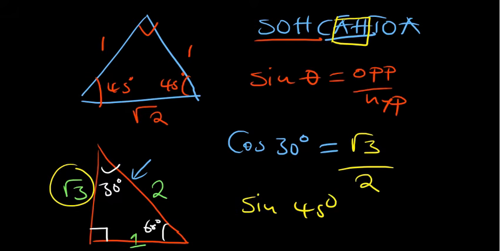Sine 45, from the other triangle, the opposite is a 1, the hypotenuse is root of 2. Cos 45 as well: the adjacent is still a 1, and the hypotenuse is still the same. So cosine 45 is equal to sine 45. We'll apply this as we answer the few in that table.